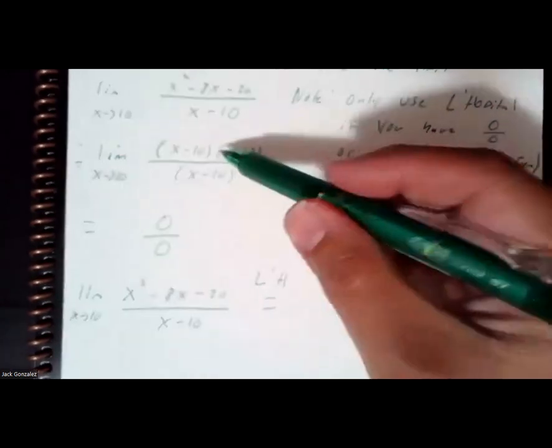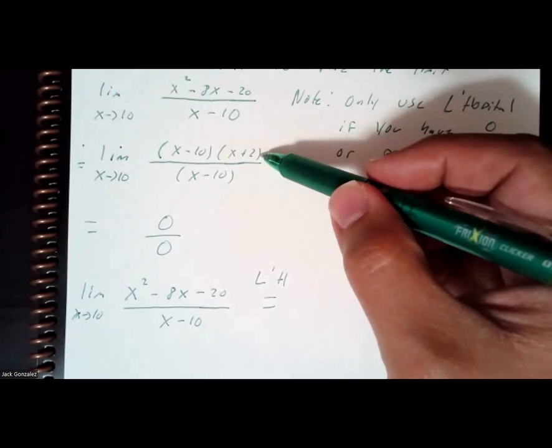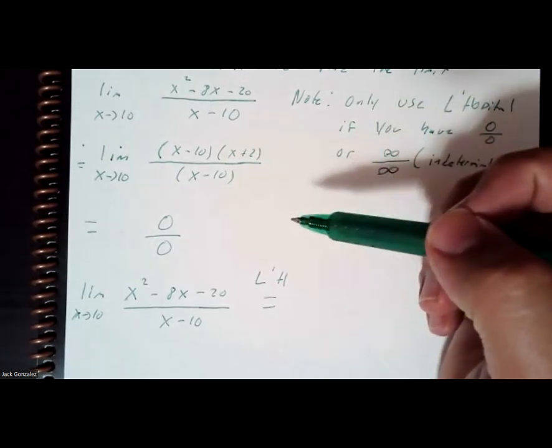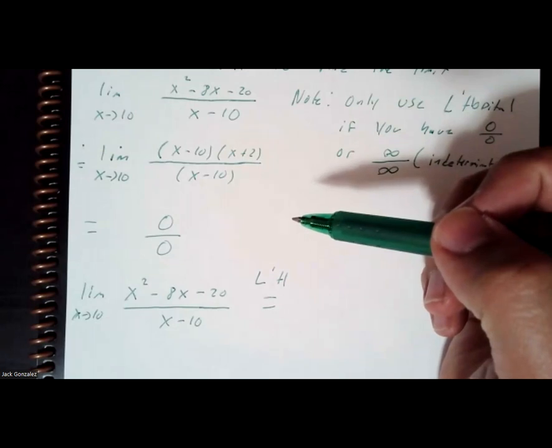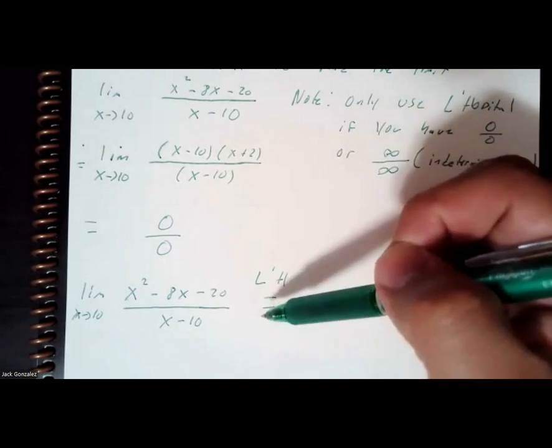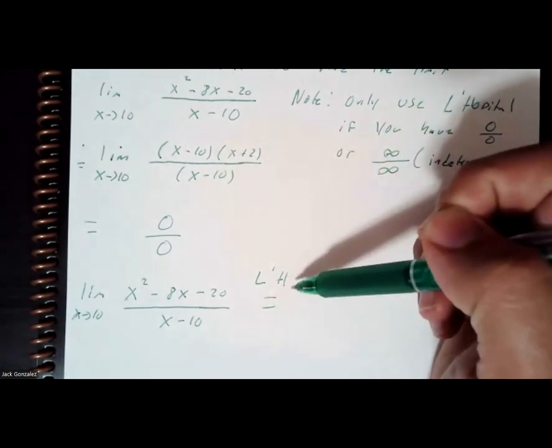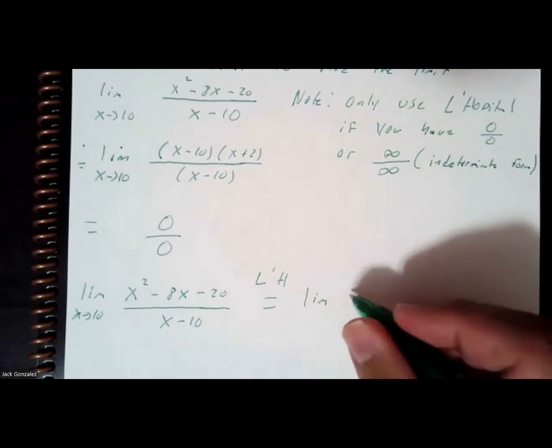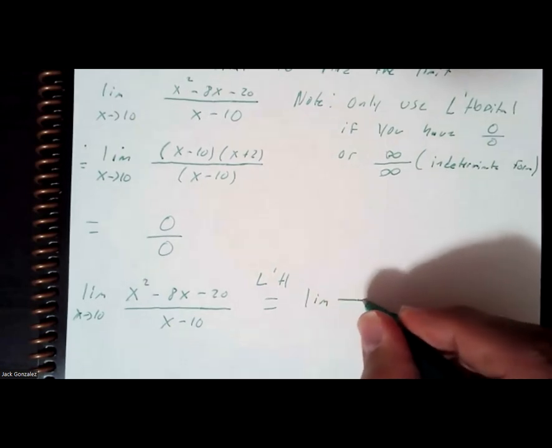It wouldn't matter, right? It'd be 0 times this, so it'd still be 0. Since we have nothing but 0 over 0, you can use this. Don't actually take the limit, just take the derivative of the top. What is the derivative of just the numerator?